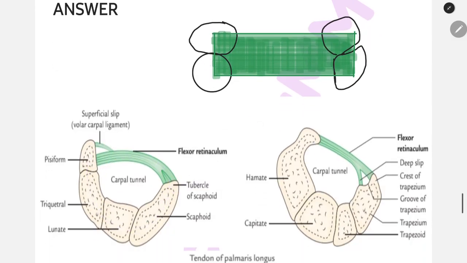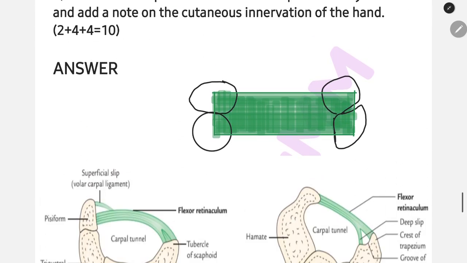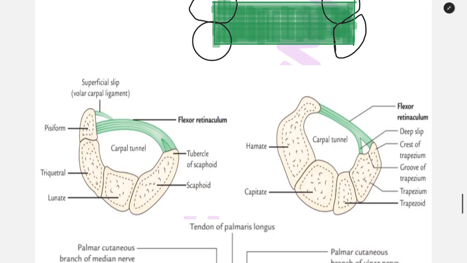So what is carpal tunnel? The anterior concavity of the carpal bones is bridged by the flexor retinaculum, which is called the carpal tunnel. We have completed the first question. What is carpal tunnel syndrome? For that you have to know what is present inside the carpal tunnel.